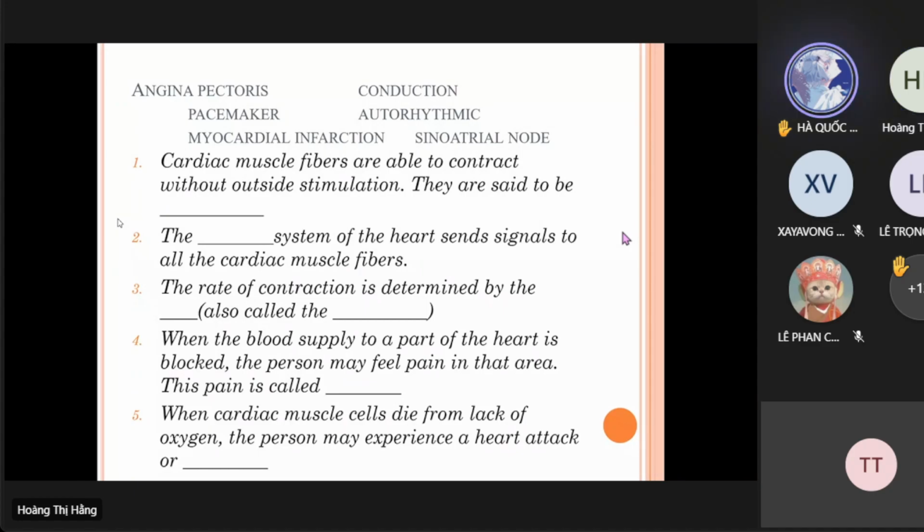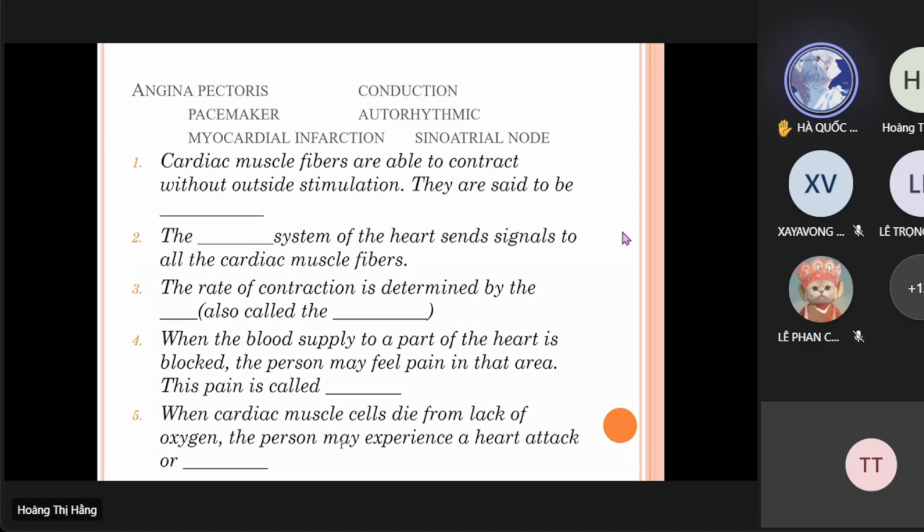3. The rate of contraction is determined by the pacemaker, also called the sinoatrial node. Number 4. When the blood supply to a part of the heart is blocked, the person may feel pain in the area.